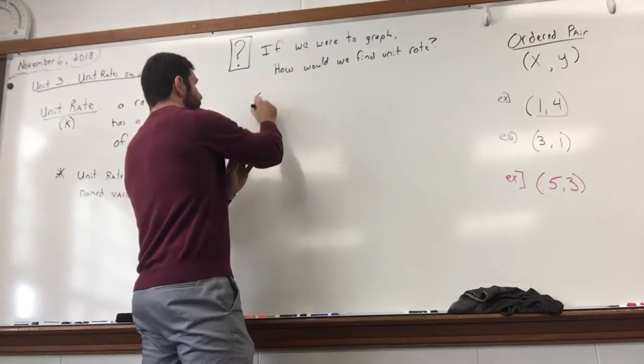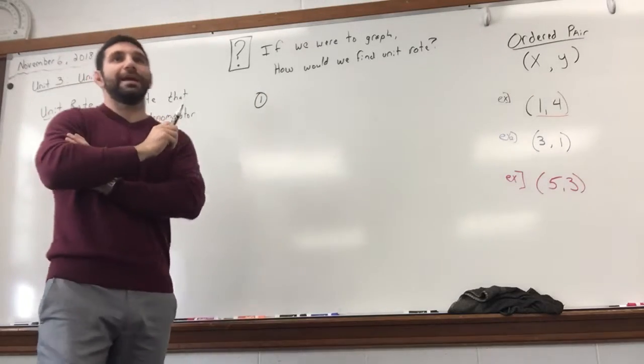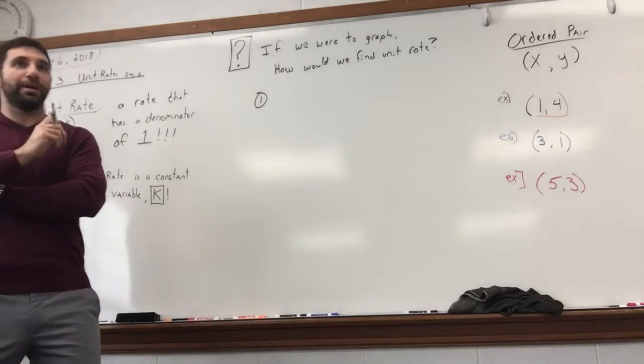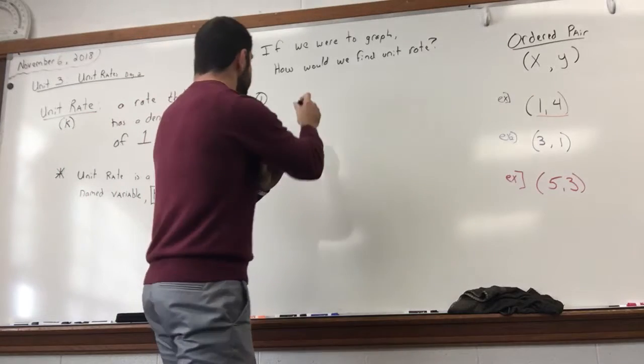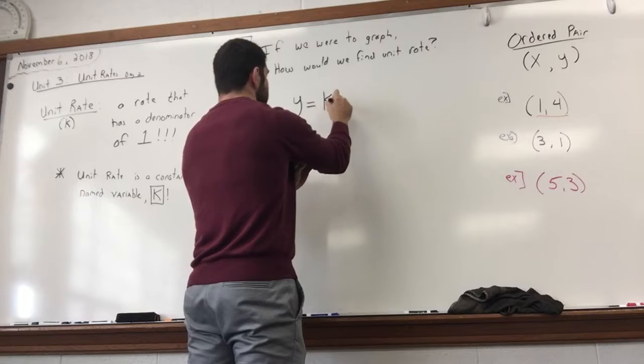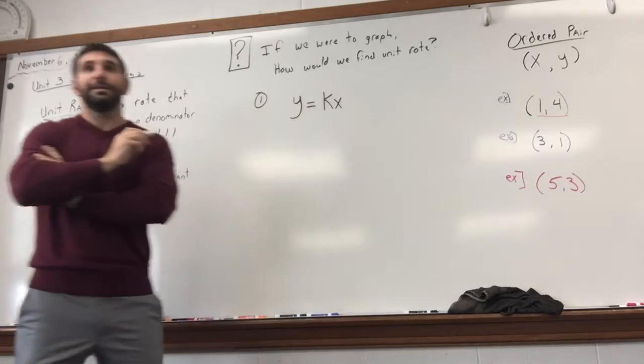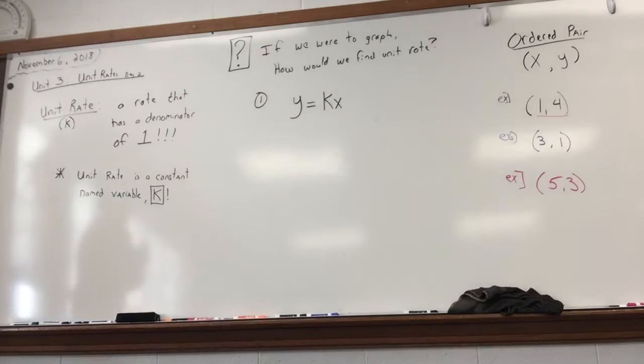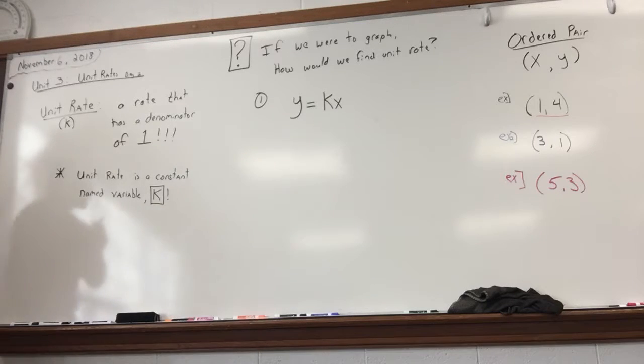Here's step 1. Anytime that we are finding unit rate, there will be an equation. The equation is y equals k times x. What was k? The variable. The name. Unit rate. K was the variable named unit rate.